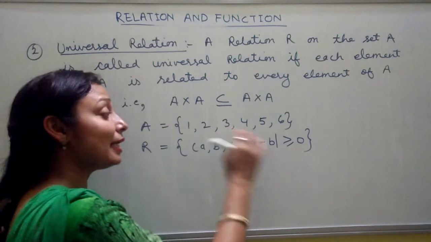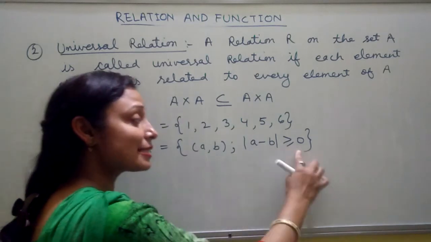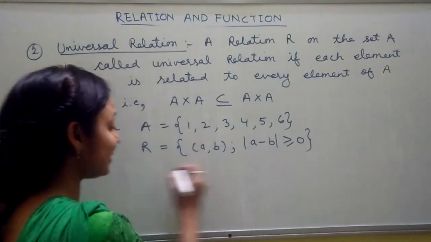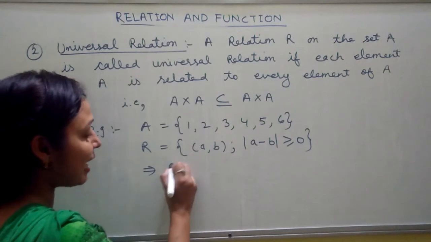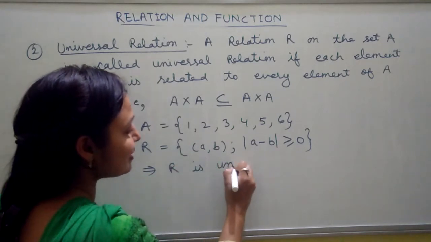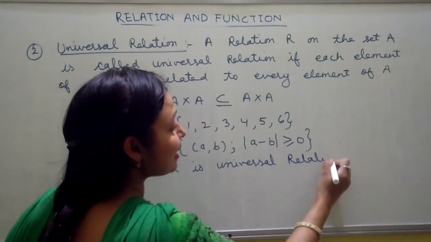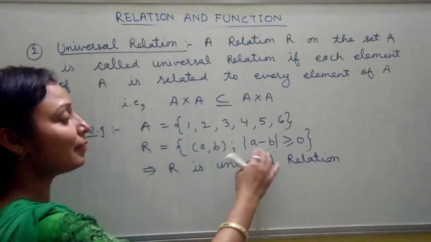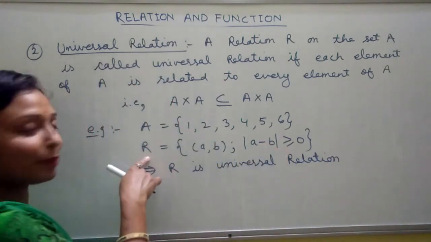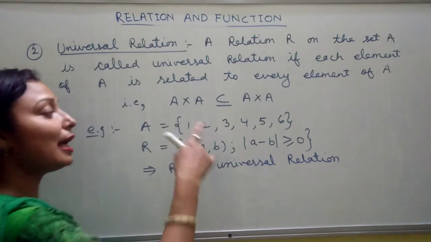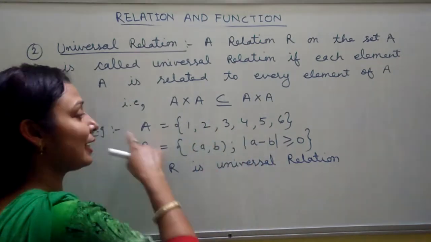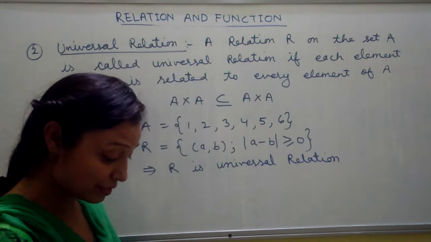That means every element satisfies this inequality. That implies R is a universal relation, because all the elements satisfy the inequality present in the relation, and all the elements come into A.